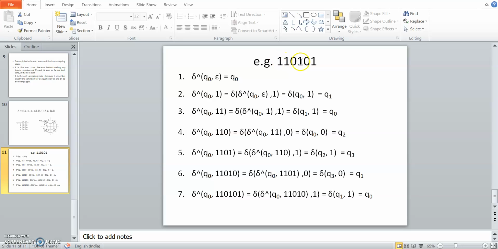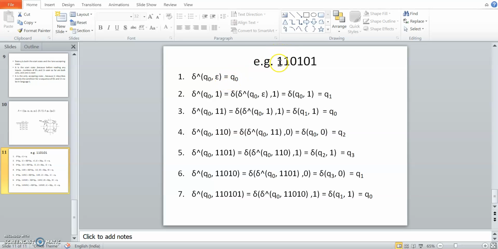So first of all we will break it into XA form. X is 11010, A is 1. So for that sequence we are supposed to follow the rules whatever we studied till this point. Initially nothing is read, so delta of Q0: by default you are in the initial state Q0. We always start from the start state, and the first symbol read is the empty string. Nothing we will read, so we will be in Q0. Now I am in Q0.